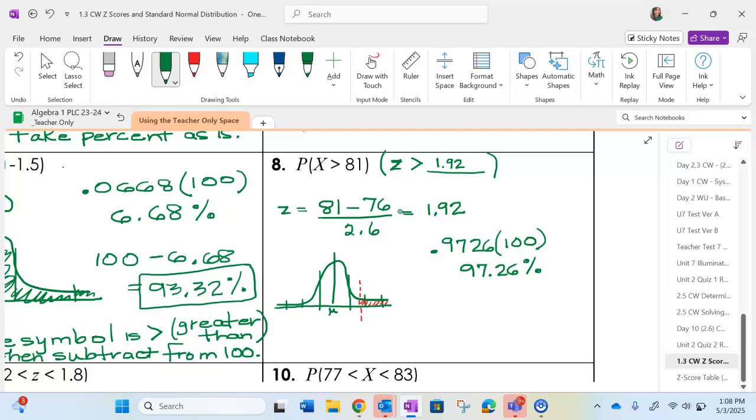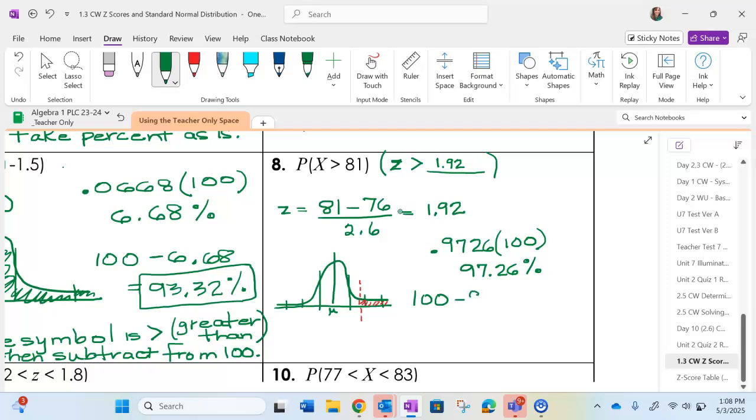Now, I only want what's bigger. The 97.26% has to do with below this red dashed line. I need to know above. So what I'm going to do is take 100, the whole thing, and subtract and remove everything below it so that all I'll be left with is what's above it.